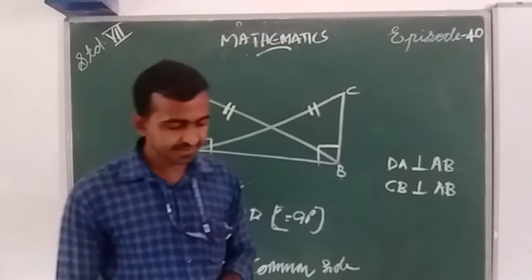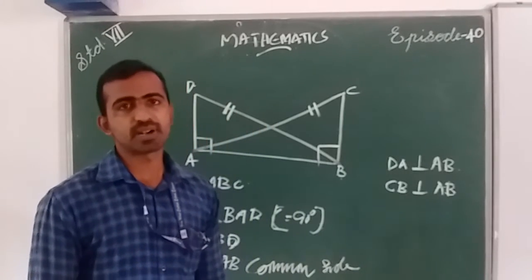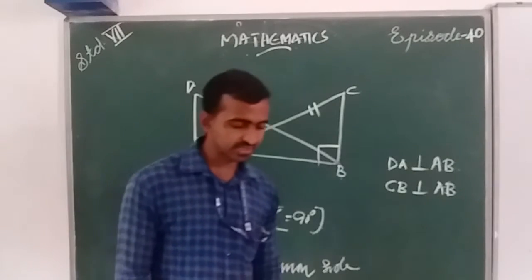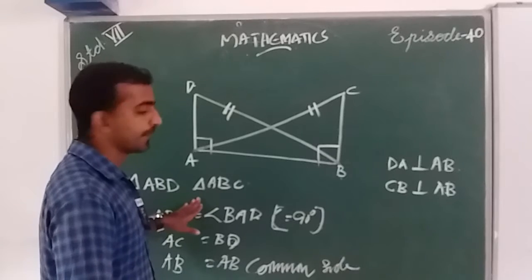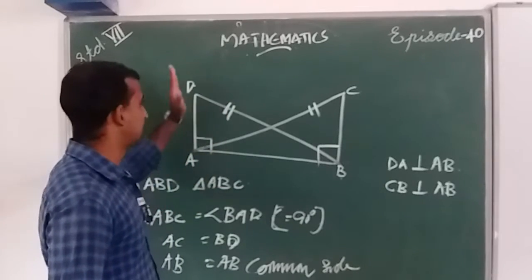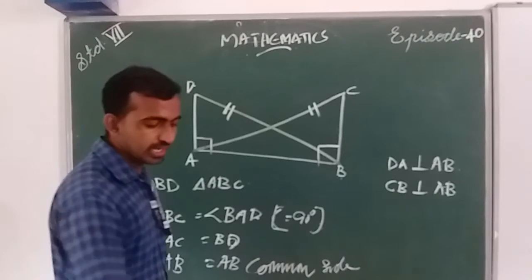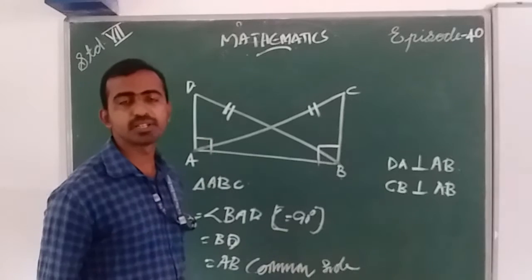And next we want to state true or false. First, triangle ABC is congruent to triangle BAD. That is true.